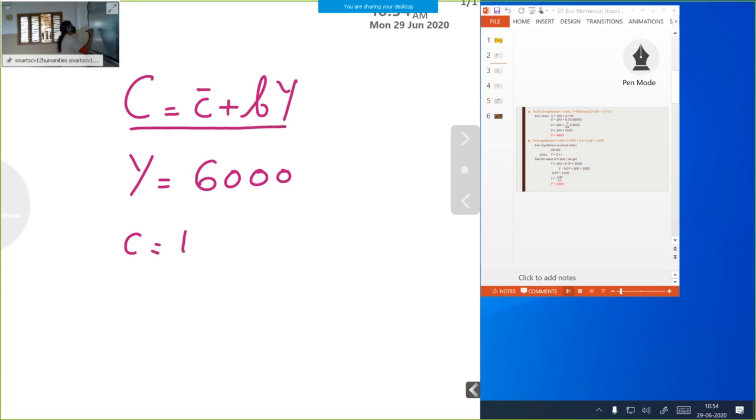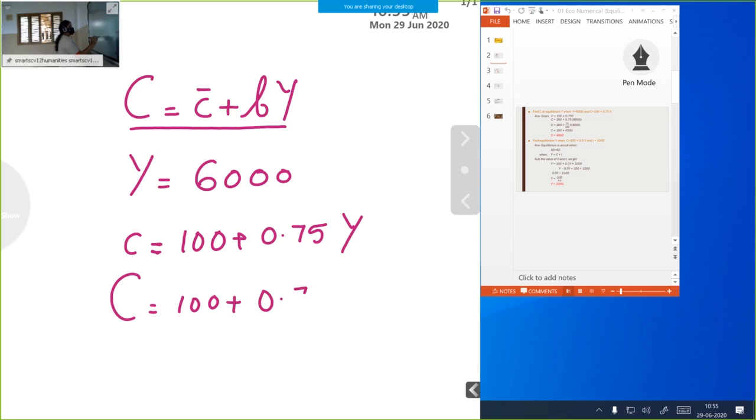C is equal to 100 plus 0.75 Y. This is very easy. These are given, you just substitute the value. We have to find out C. So C is equal to 100 plus 0.75 into Y, which is given as 6000.